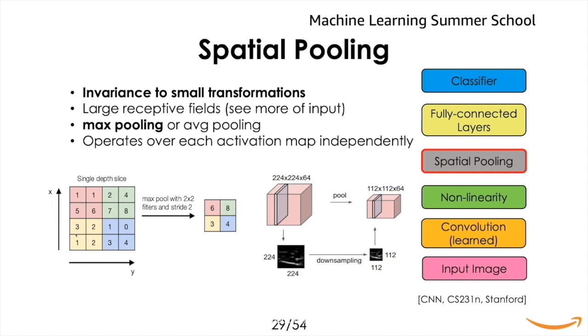Move vertically by 2 pixels, and you come to this block, max of 3, and here the max is again 4. Right, so this is your output. So you can see that max pooling reduces the dimension of the output. If you have an image block of 224 cross 224 with 64 channels, pooling will reduce dimension to 112 cross 112 cross 64.